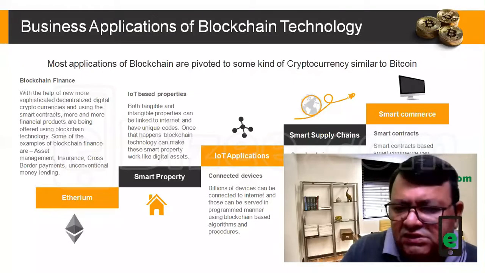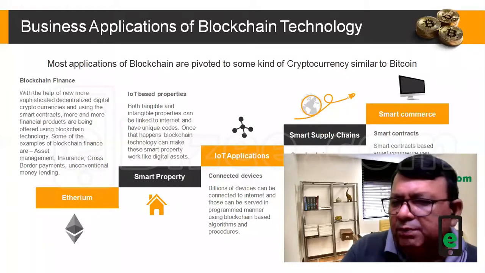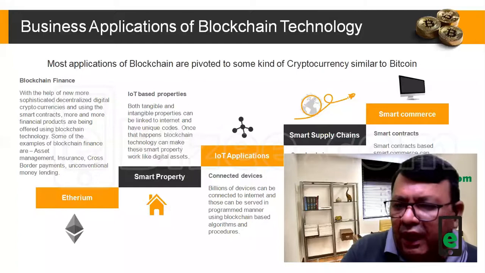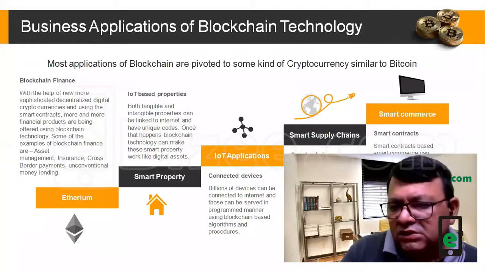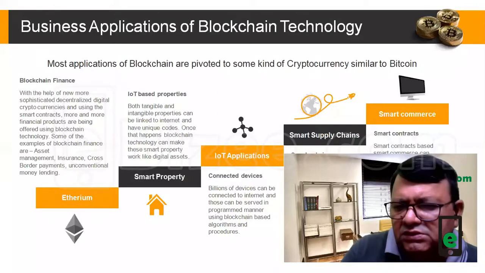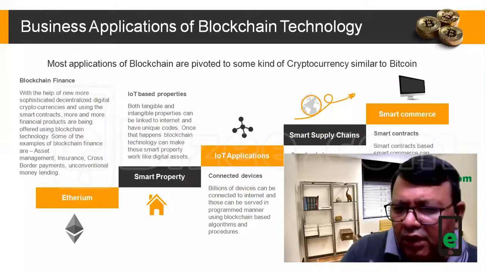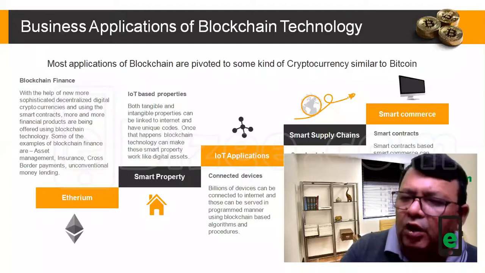Billions of devices can be connected to the internet, and those can be served in a programmed manner using blockchain based algorithms and procedures. So once we have the Internet of Things in place in computers, in programs, using these mathematical functions and blockchain, a lot can be done.